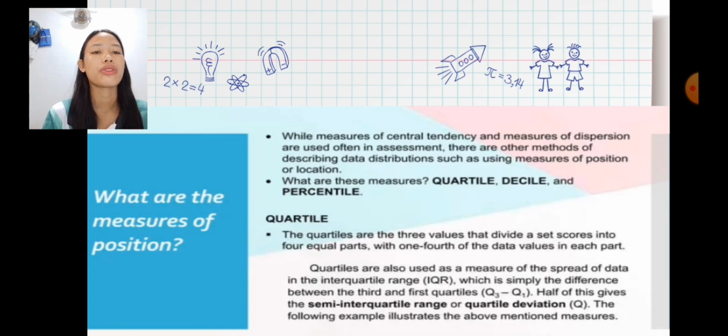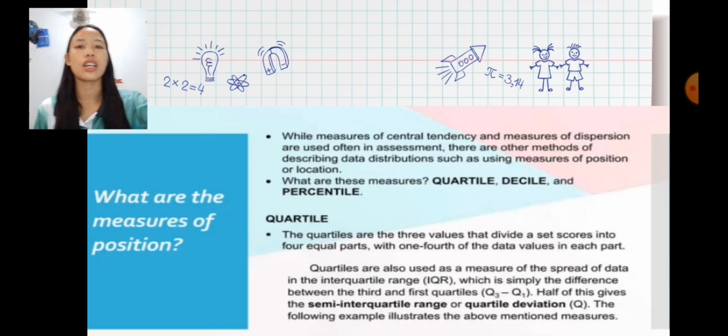Half of this gives the semi-interquartile range, or quartile deviation, Q. The following examples illustrate the above mentioned measures.